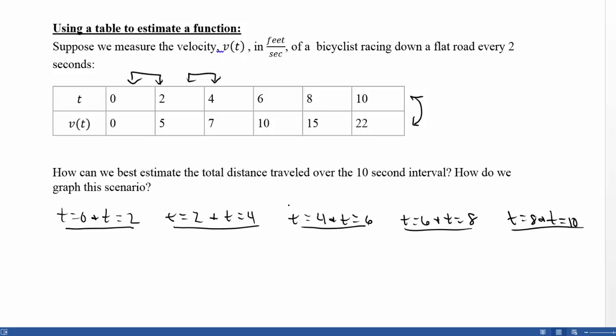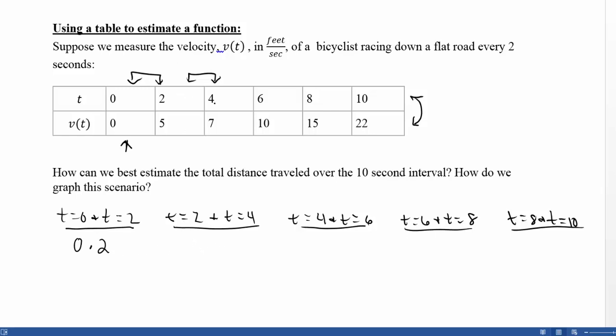So if I'm considering what's happening between time equals 0 and time equals 2, my first 2-second rate, I'm going to assume that my rate was constant, and I'm going to pick that rate to be the one on the left. So there's 2 rates here. There's 0 and there's 5. I'm picking 0, the one on the left. So now when I do rate times time, I'm going to do 0 times 2. And again, that's 0 feet per second times 2 seconds.